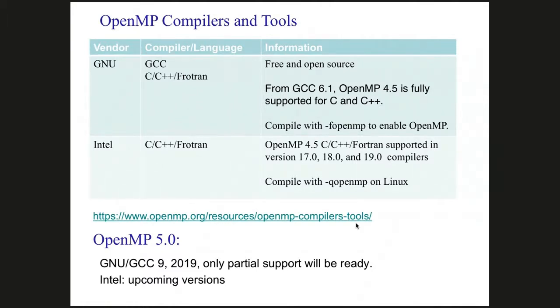And for OpenMP 5.0, the GCC and GNU compiler is said to start implementing OpenMP 5.0 in the latest version 9, and only part of it can be implemented. More will come in the future. Intel, I think, will come with upcoming versions, but I didn't find a statement on the timeline. It will be there, and we can use it at some point.